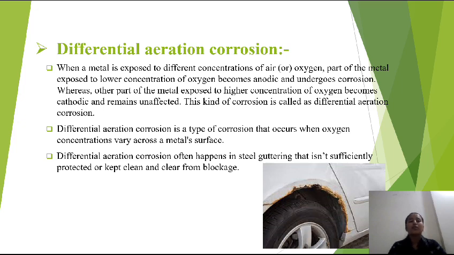This kind of corrosion is called differential aeration corrosion. It occurs when oxygen concentration varies across a metal surface. It often happens when steel guttering isn't sufficiently protected or kept clean and clear of blockage.